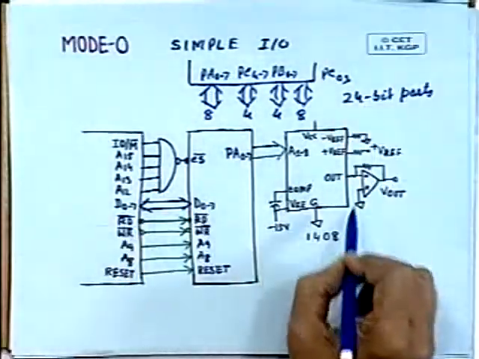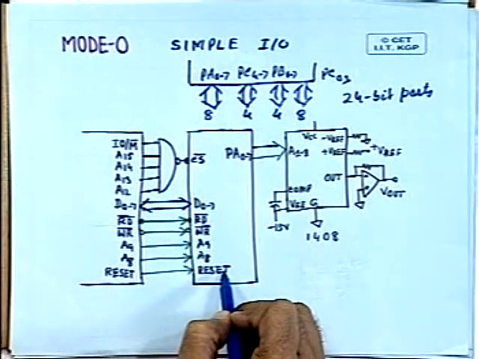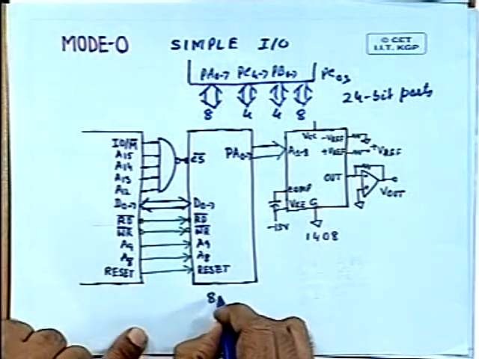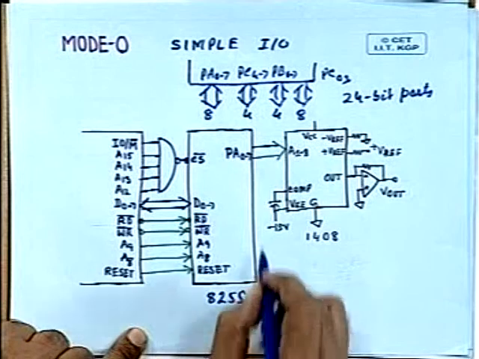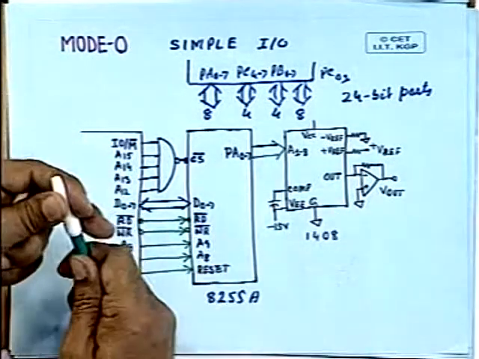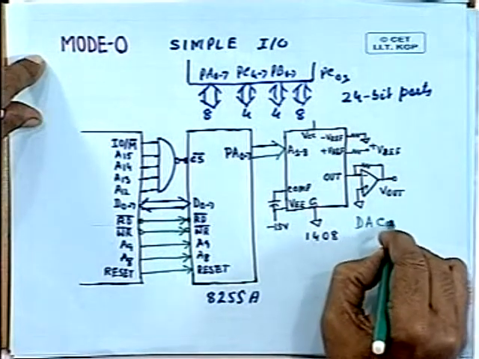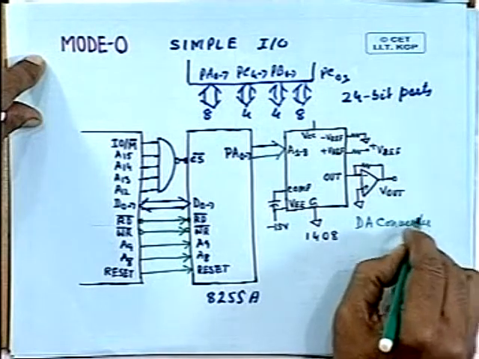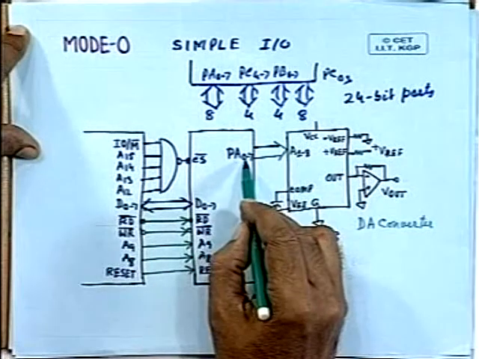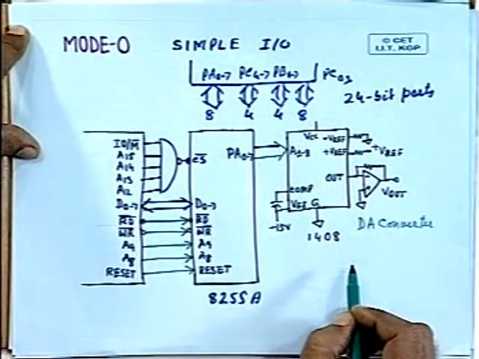And here is an example of the use of 8255 in mode 0. Here you see I have used the 8255 port A, only one port is used here. This is connected to a DA converter, a digital to analog converter, and the device is being configured in mode 0 in this particular case.